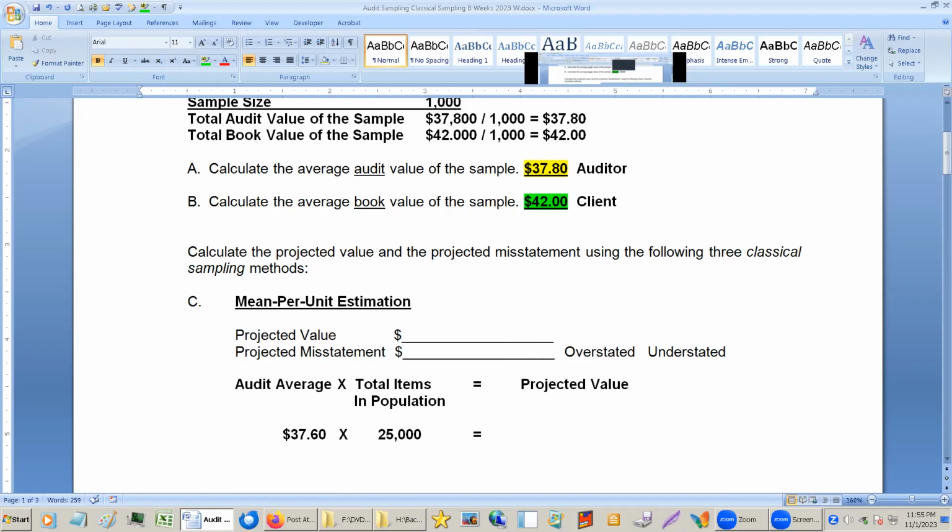Okay, so 37.80 times 25,000 equals 945,000.